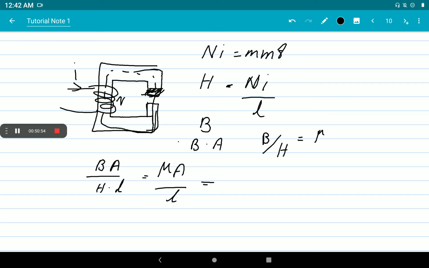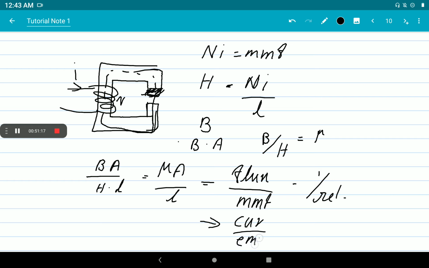That is, mu A by L is flux by MMF, that is 1 by reluctance. So reluctance is L by mu A. In an electric circuit, we know a similar equation: current by EMF is 1 by resistance.